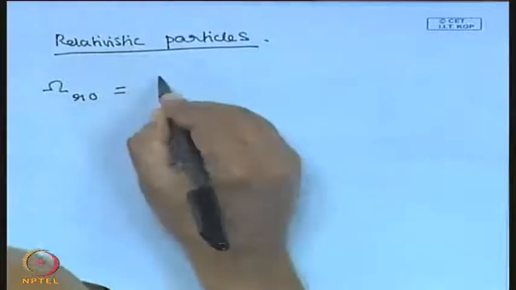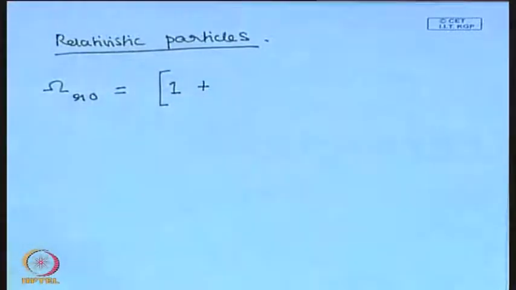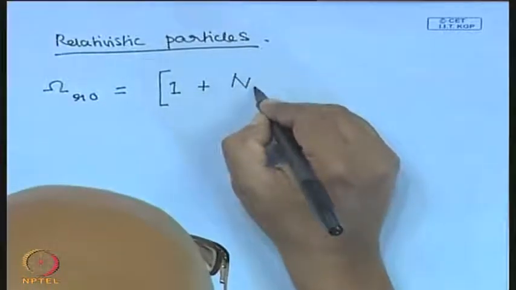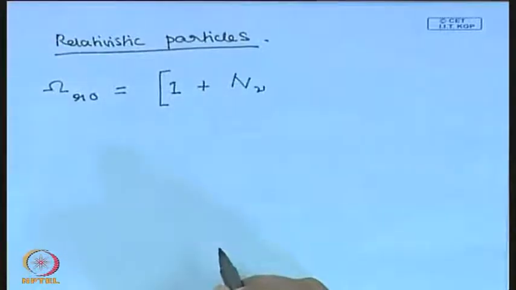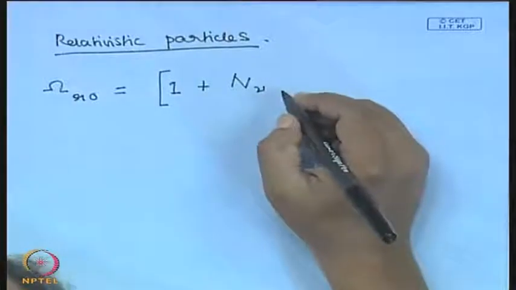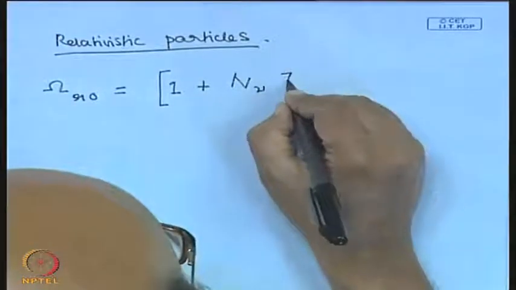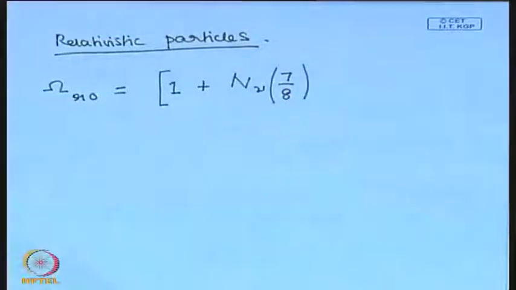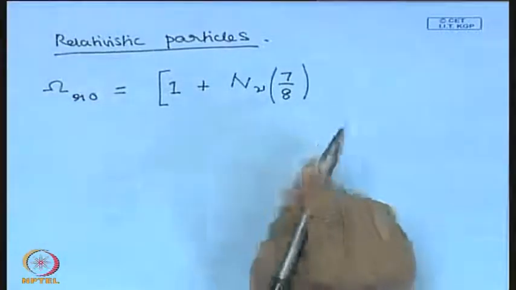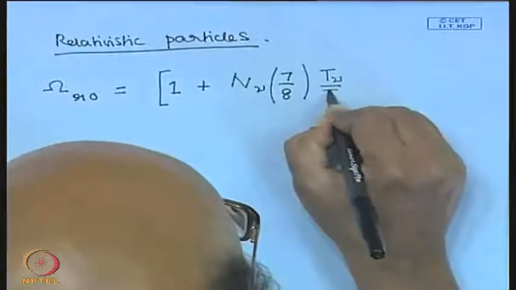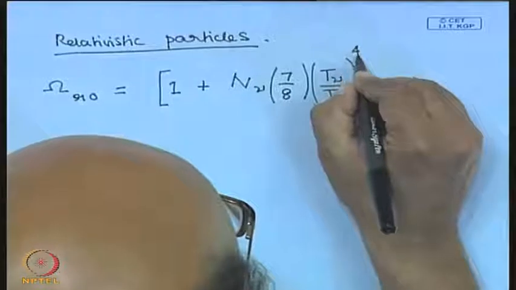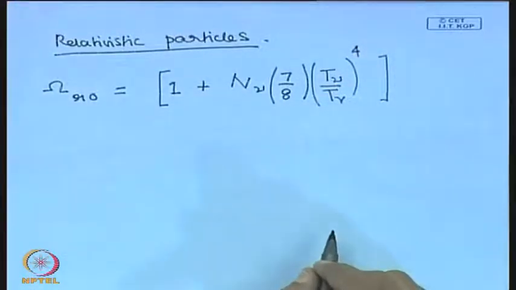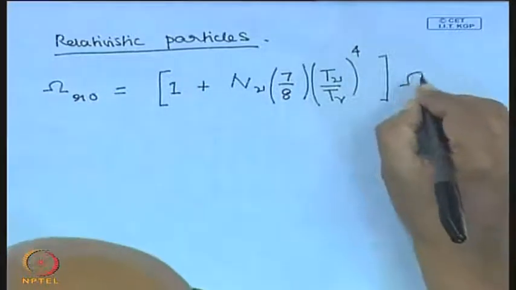And this will be equal to 1 plus the number of neutrino families, number of flavors of neutrino, into 7 by 8, since given a neutrino of temperature T, its contribution to the energy density is 7 by 8 times smaller, into T neutrino by T photon to the power 4, which this ratio we have just calculated. It is 4 by 11, into omega gamma naught.